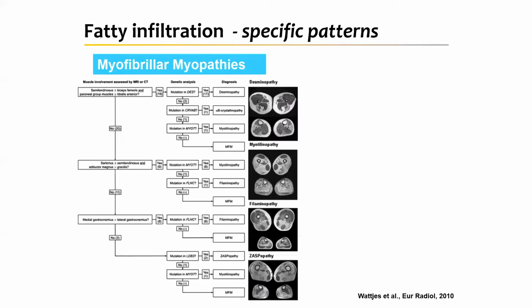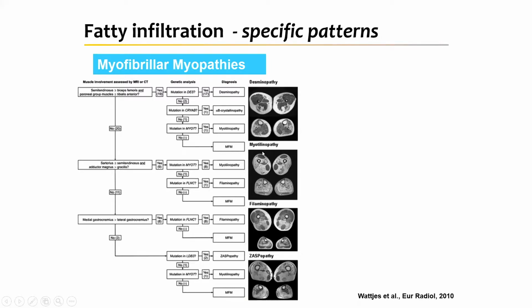Another situation where imaging is extremely powerful is for the differential diagnosis of myofibrillar myopathies. And the algorithm here is kind of simple. If you have preferential involvement of the semitendinosus and the peroneal group, the chance is very, very high that it's a desminopathy.